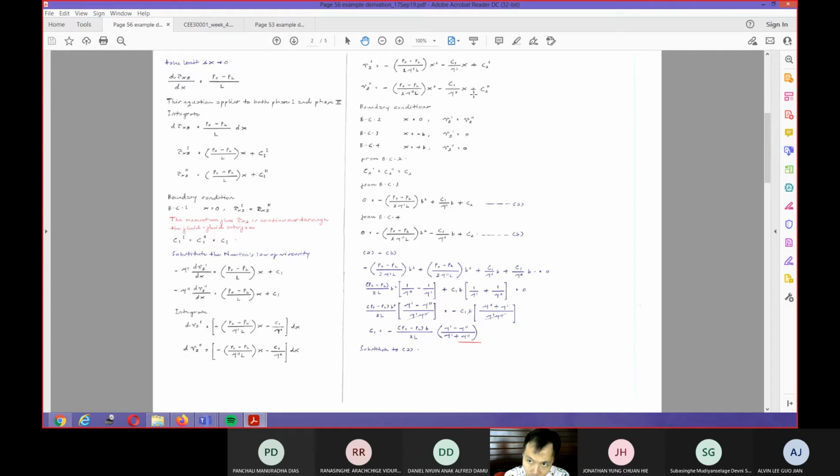Now, in here we have three constants: C1, C2 superscript 1, and C2 superscript 2, basically, right? So if we have three constants, meaning we have to have three boundary conditions to solve the values of C1, C2 first superscript, and then C2 double superscript.